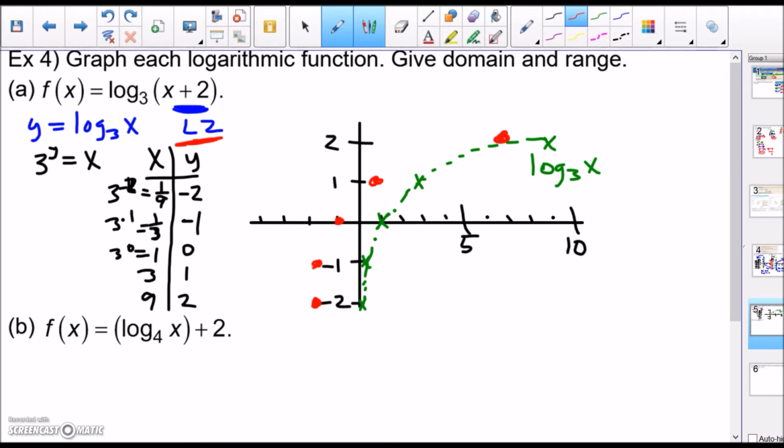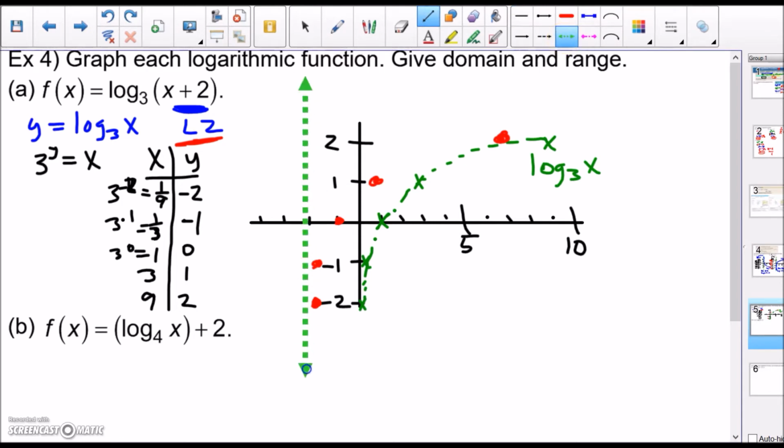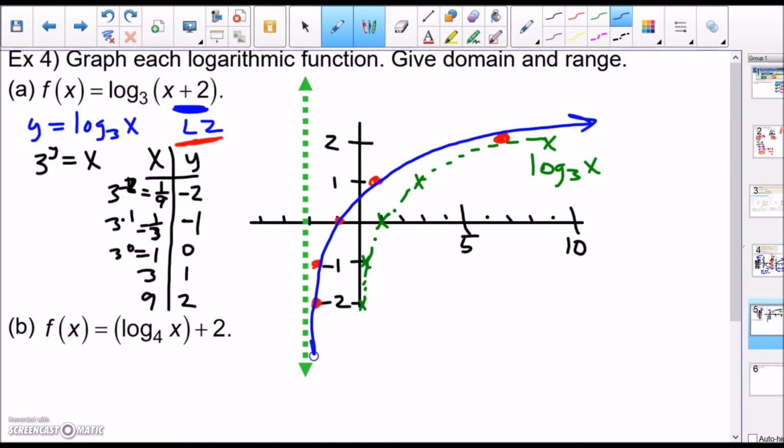Okay, so we're going to have a vertical asymptote. Where's that vertical asymptote this time? At -2. And we're going to draw our curve through our dots. And we've got log base 3 of x plus 2. So the blue one is our actual answer.